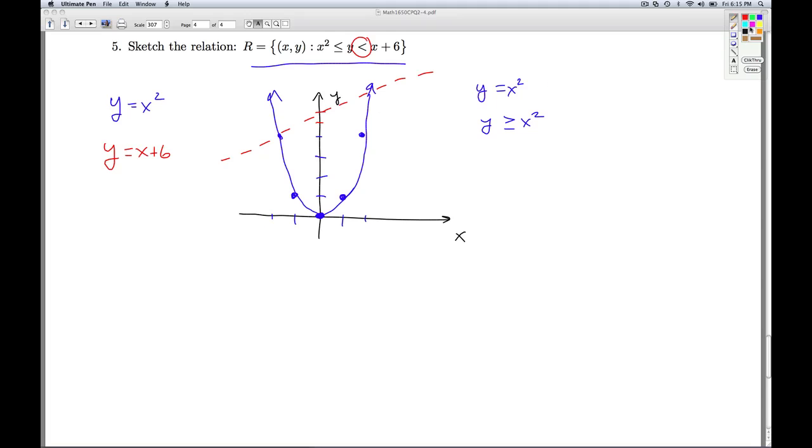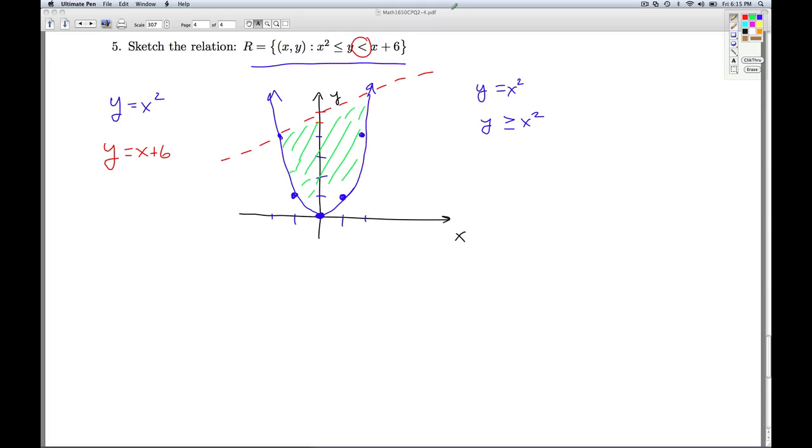So the region that I want is going to be the points that are above the parabola, but at the same time below the dotted line, which is going to give me all these in here. Now, what about where the line would cross the parabola? Those would be points on the line y equals x plus 6.